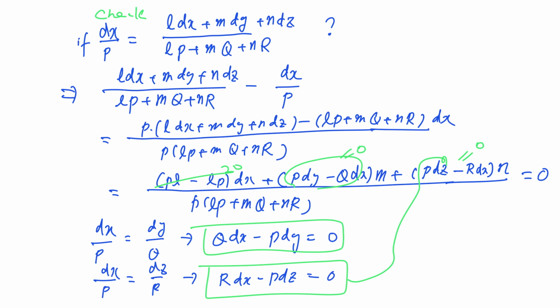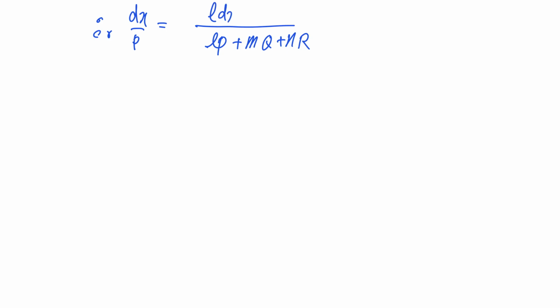Therefore dx over P is lP, mQ, and nR over ldx plus mdy and ndz, right?